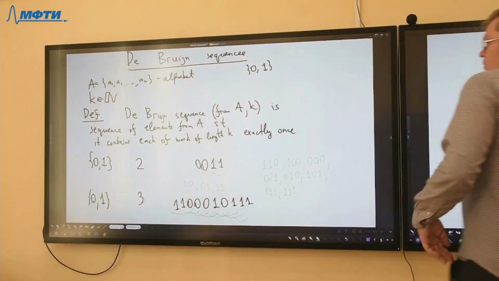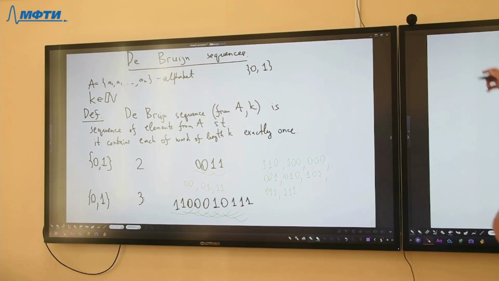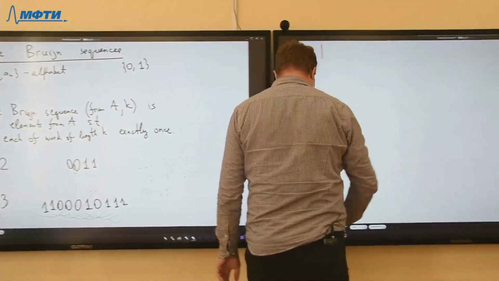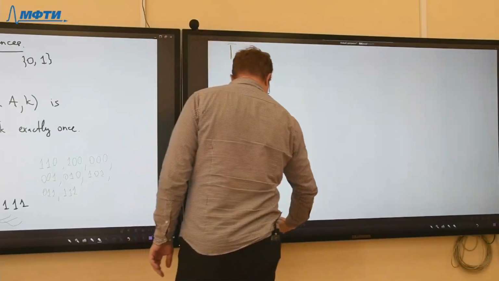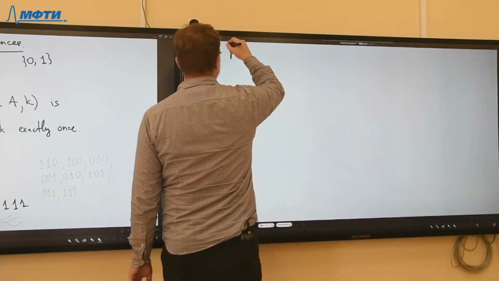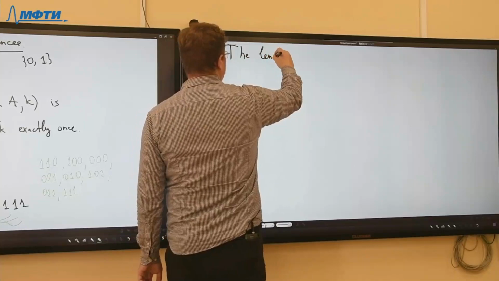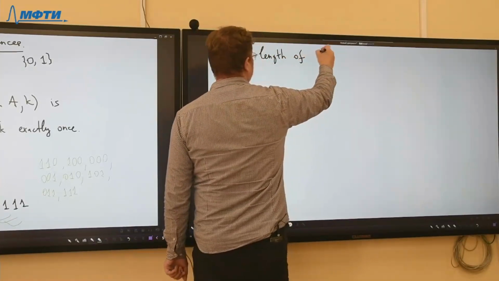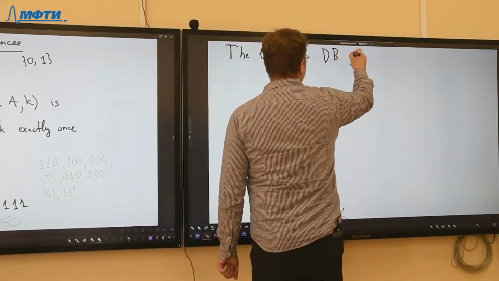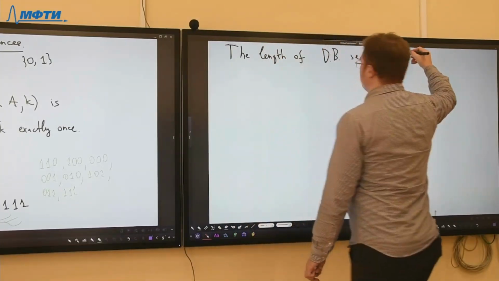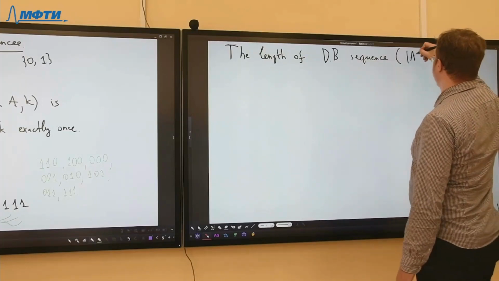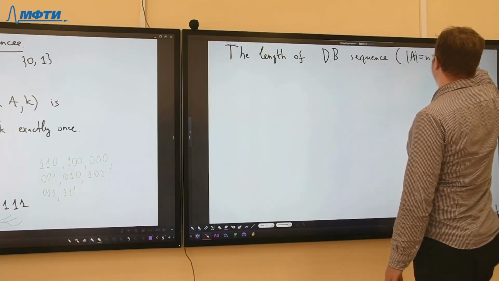Okay, so from the definition, what will be the length of a De Bruijn sequence if the alphabet contains n letters and we have length k?